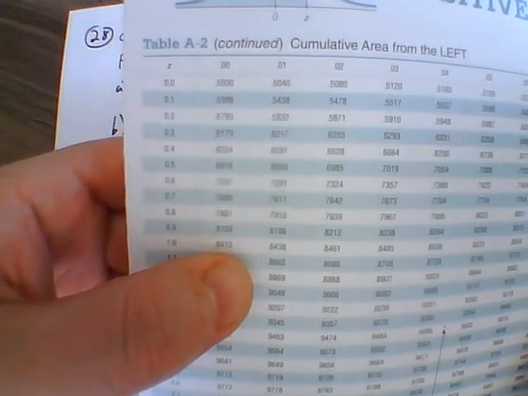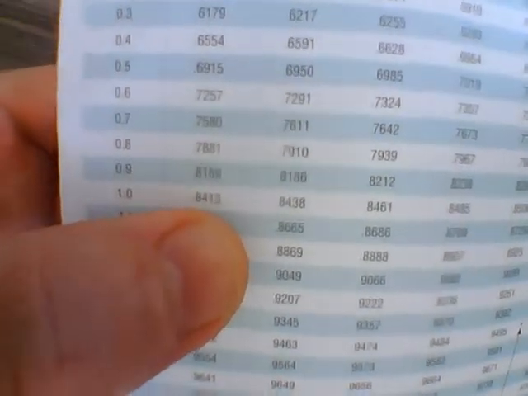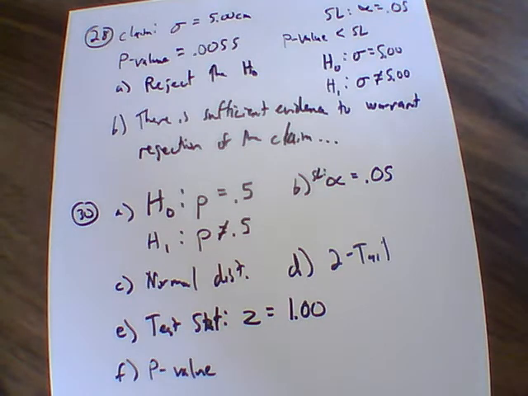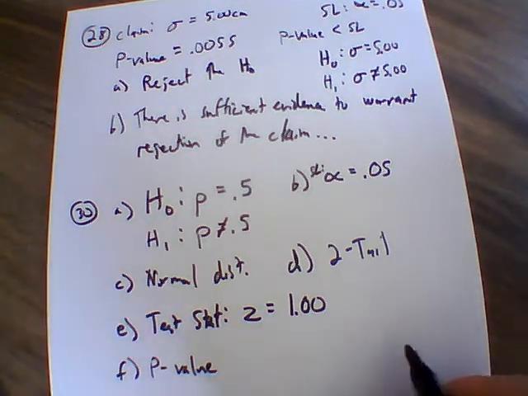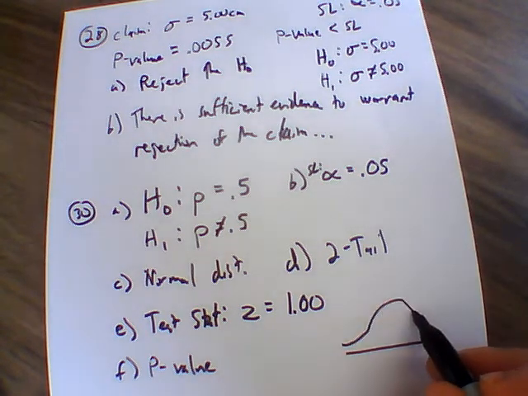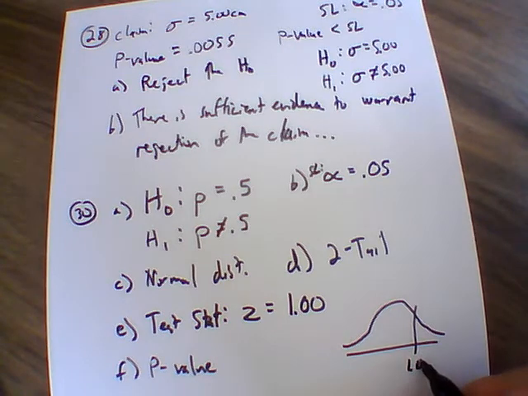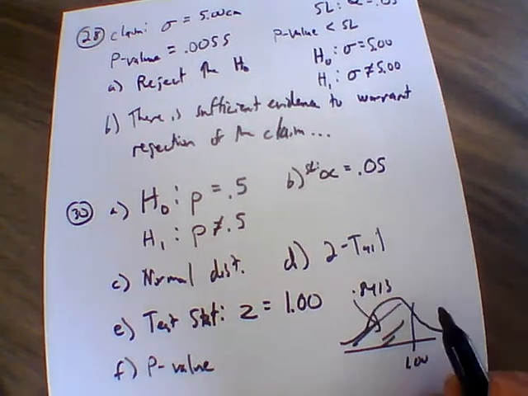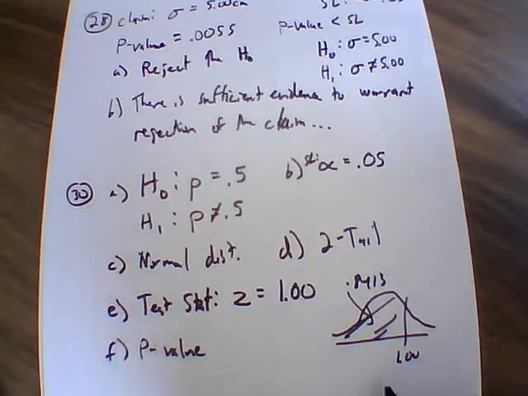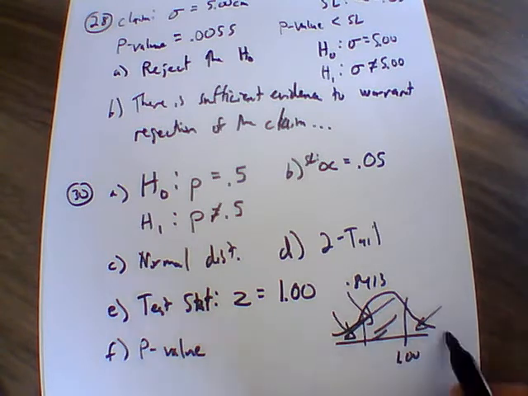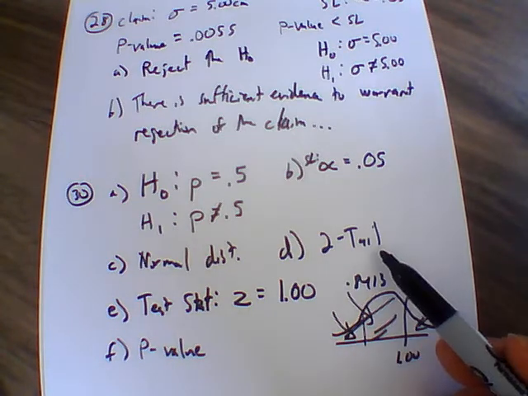Right where my thumb is, we see 0.8413. Do remember, that 0.8413 is where our 1.00 is, and it covers all of this area. We're referencing the other side and doubling it because of the two-tail test.